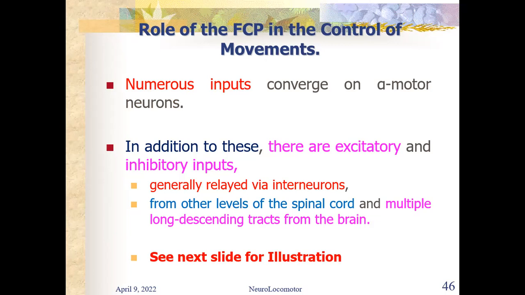So, from other levels of the spinal cord and multiple long descending tracts from the brain, those inputs converge on the alpha motor neuron.